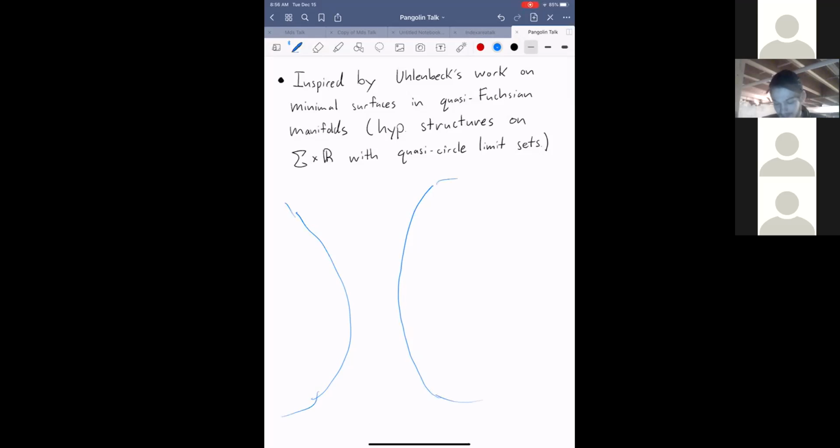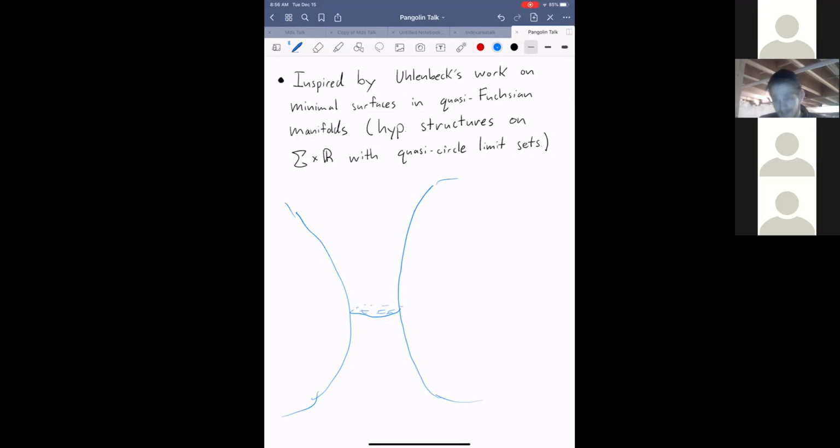In this specific regime you have a unique minimal surface in the middle. Okay, and the principal curvatures of this minimal surface are less than 1 in absolute value. That's the condition you put on this.